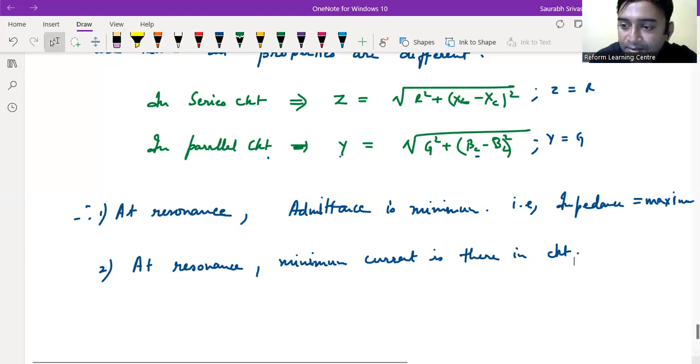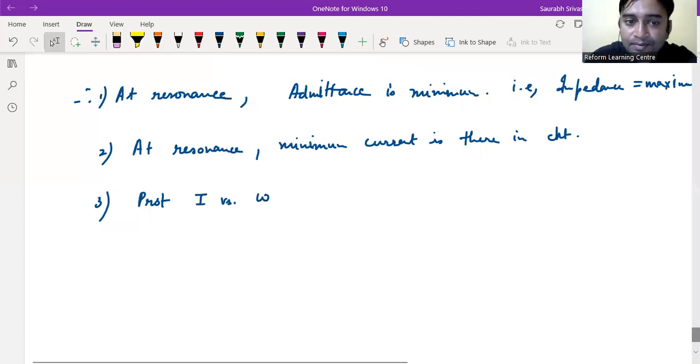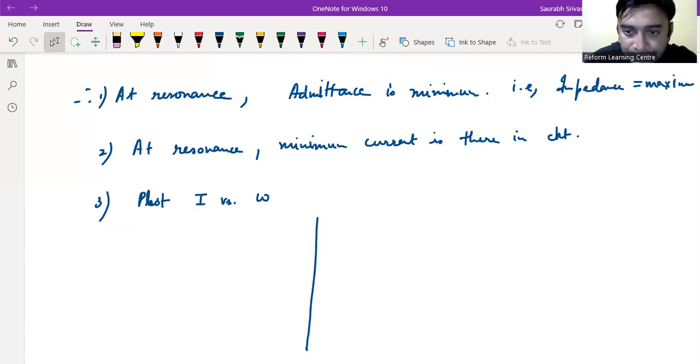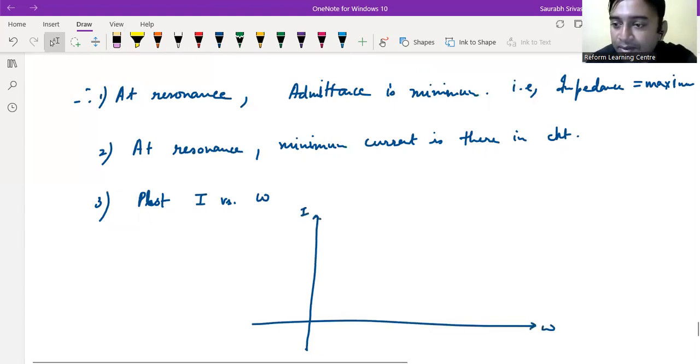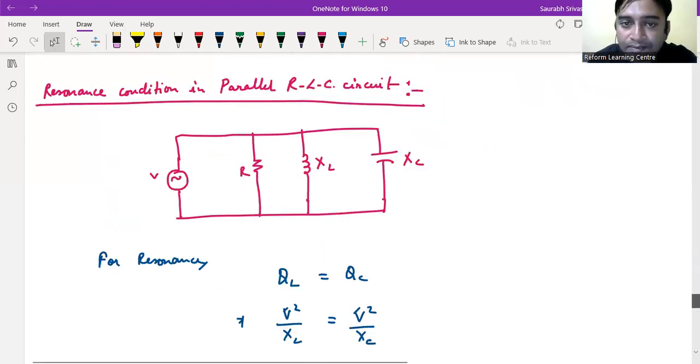Again, if we plot I versus omega, plot graph between I and omega. This is omega. This is I. How will be there? The variation in current or graph.